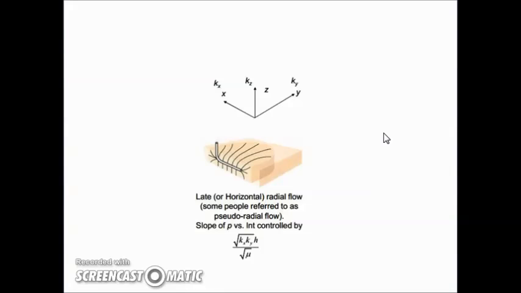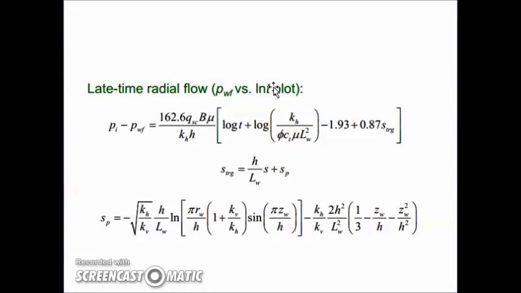What is meant by horizontal permeability only is that you can see in this picture that for horizontal permeability, we only have the permeability in the x direction and the permeability in the y direction. So we are going to ignore the permeability in the z direction because it is a vertical permeability. For a late time radial flow, in the PWF versus log t plot, there are three equations that you can use.